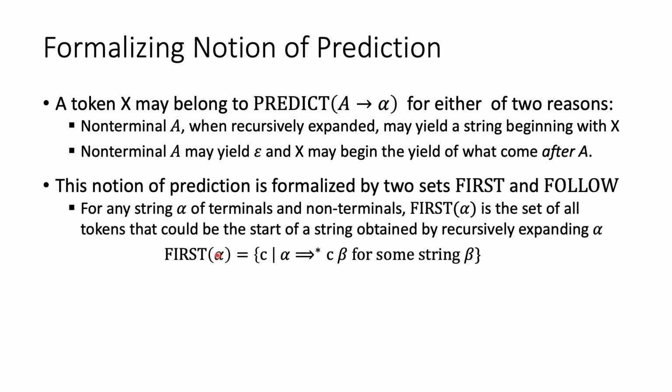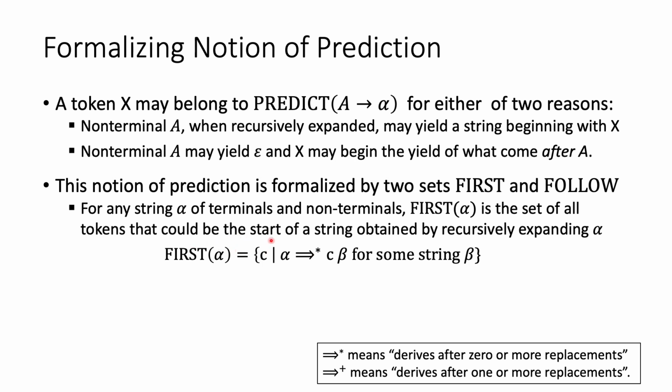More precisely, in the set notation, first of alpha is defined as the set of all tokens C such that alpha derives after 0 or more replacements to a string starting with C. Recall from the previous lecture that this symbol, a double arrow and then an asterisk, means derives after 0 or more replacements.